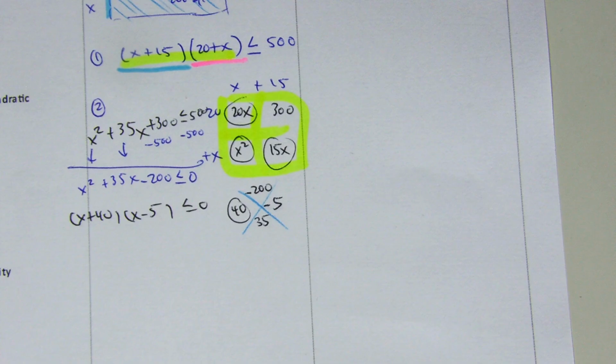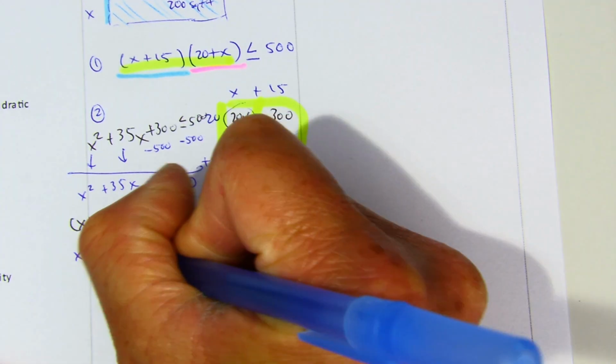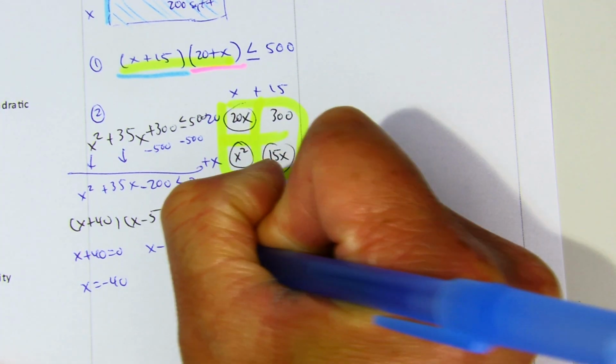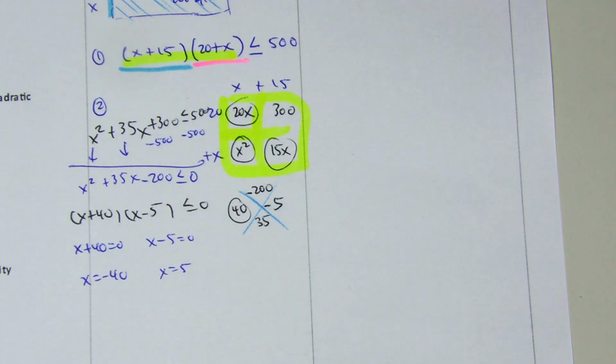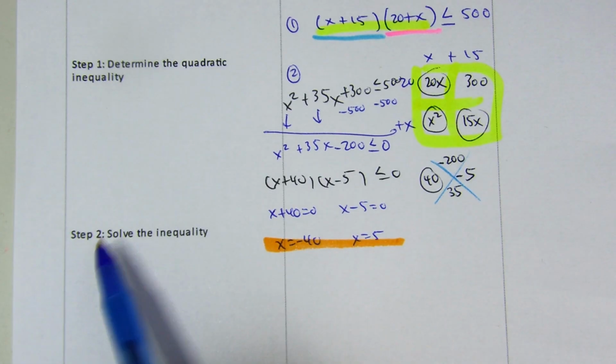And then if I solve this, set it equal to 0, I get x equals negative 40 and x equals 5. Okay, these are the two that I want from the graph as a visual. So that was step number 2, solve the inequality.